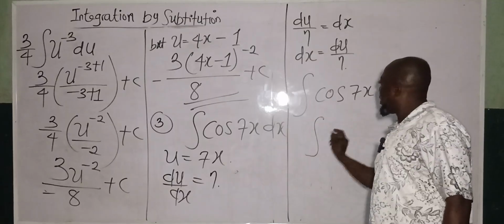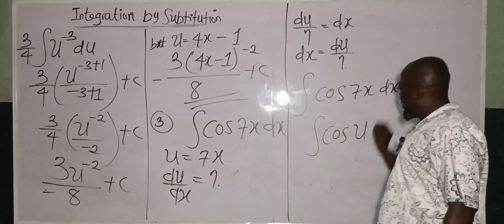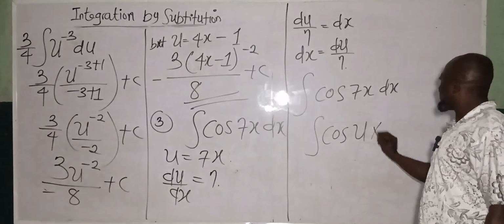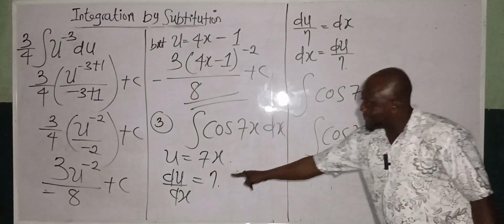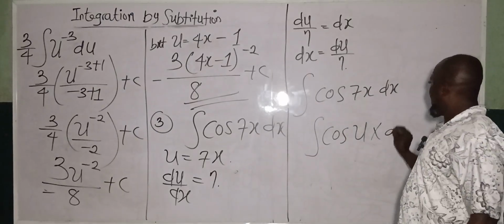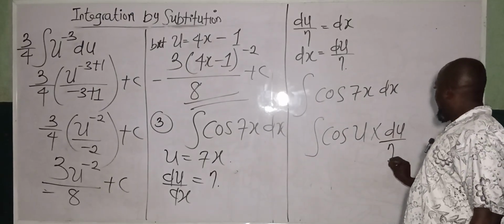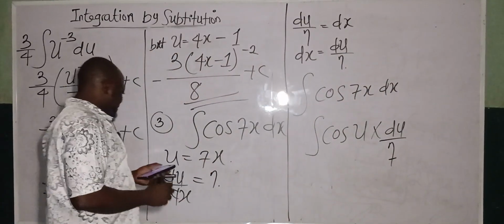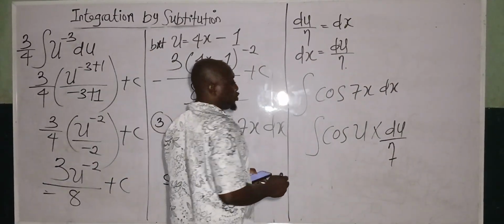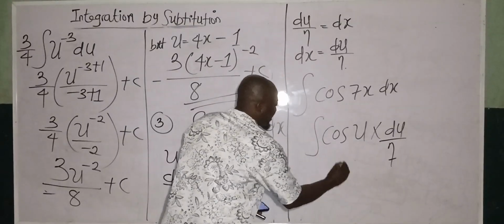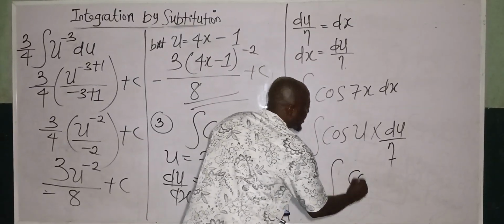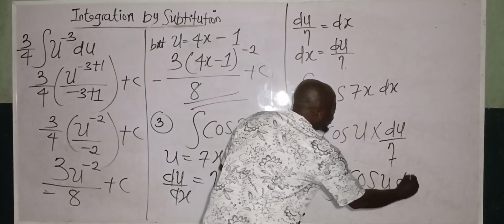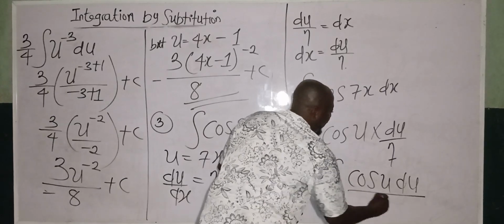So I will now say cos, I'll put my u there, then times, what is my dx? My dx going further is now du all over 7. From this point, if you do the maths, you are going to have cos u du all over 7.